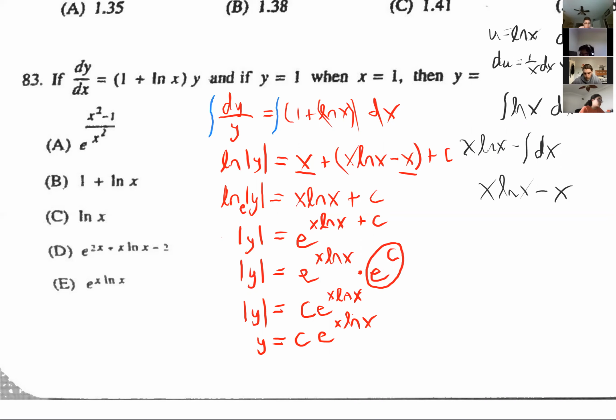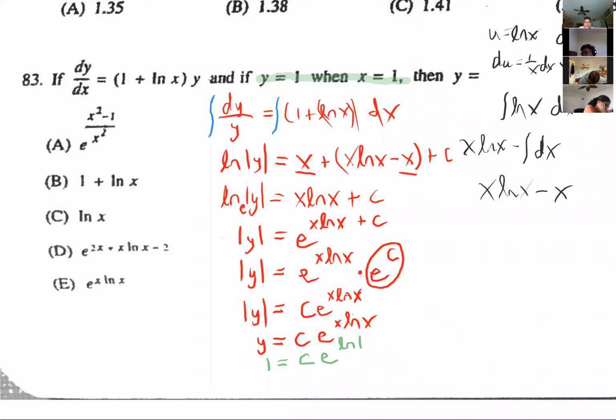Okay, so now there should be an initial condition given to solve for c. It says y equals 1 when x equals 1. So to solve for c, I am going to plug in 1 for y when x is 1. When x is 1, it's just 1 times ln of 1, which is ln of 1.